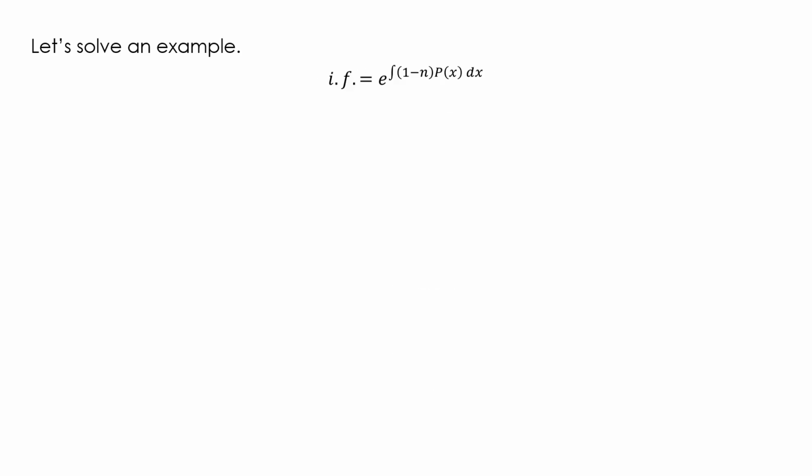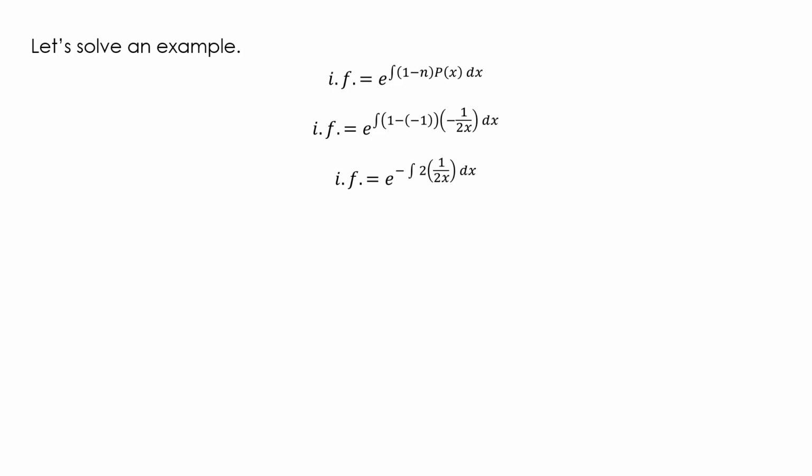Next, we have to find the integrating factor. So we substitute n and p of x. So we have e raised to integral of 1 minus negative 1, that is 2, multiplied by negative 1 over 2x. So that negative we can extract out of the integral. So we get e raised to negative integral of 2 times 1 over 2x dx.